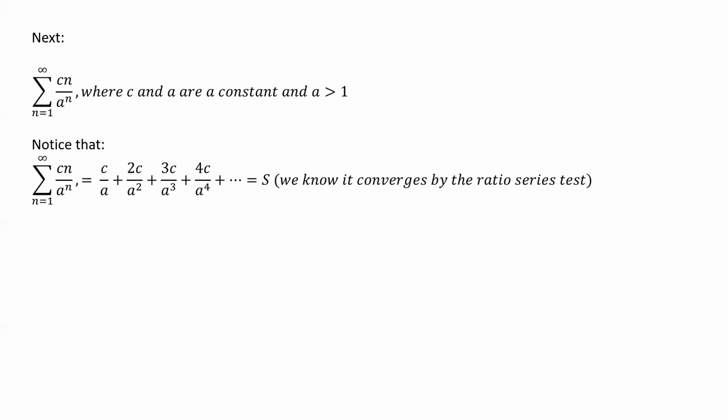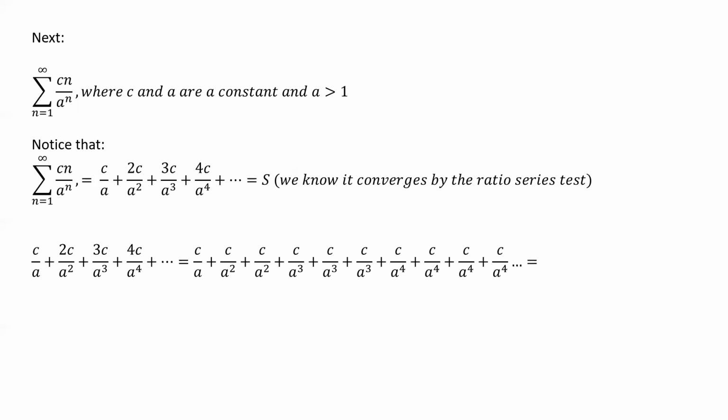And we know it equals some sum because if you did the ratio test, you could verify that this does in fact converge. So because we know it converges, we're going to break up the terms and make everything a unit fraction, where the numerator is essentially 1. So instead of saying 2c over a squared, I can say I have c over a squared plus c over a squared.